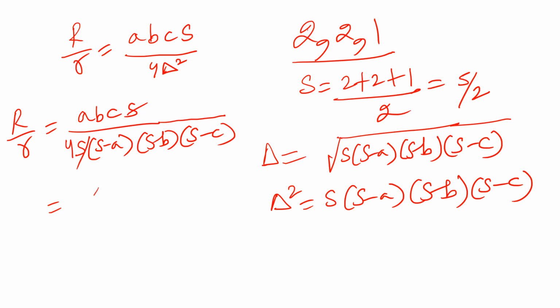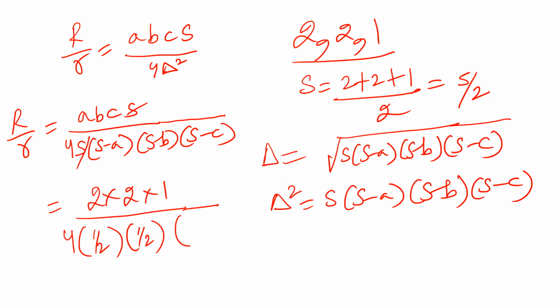Now just put in the values of all the sides and S. It becomes 2 into 2 into 1 divided upon 4 into S minus A. So it becomes 5 by 2 minus 2, which is 1 by 2. Then 5 by 2 minus 2 again it is 1 by 2, and 5 by 2 minus 1, which this time is 3 by 2. Fine. So let's do the calculations. It becomes 8 upon 3.